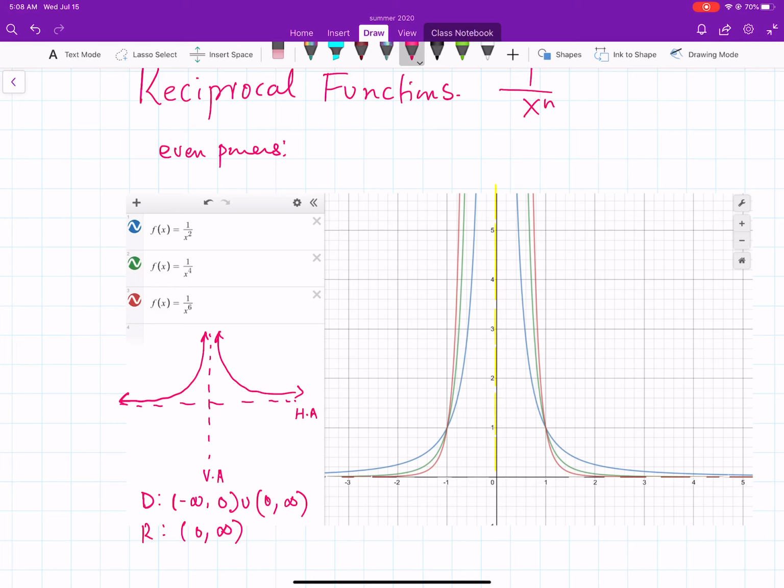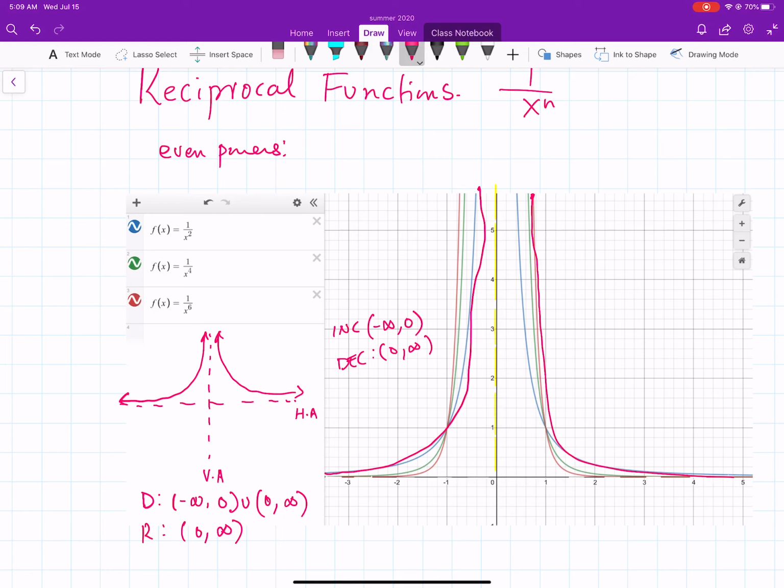And you can also look at increasing. So you can see that from left to right, the graph is increasing, and then it somehow jumps and continues decreasing. So it's increasing from here, and then it's going to jump off and continue from here. So it's decreasing this way. So it's increasing from negative infinity to 0, and then decreasing from 0 to infinity.